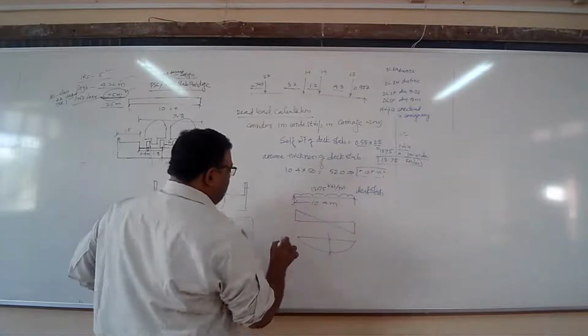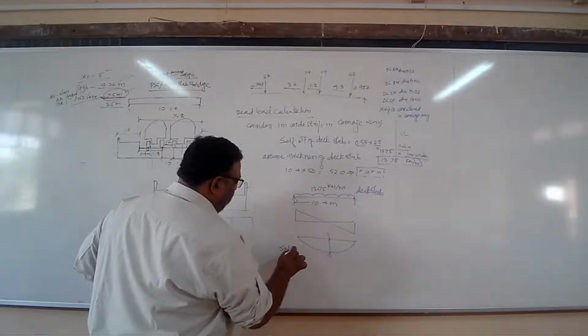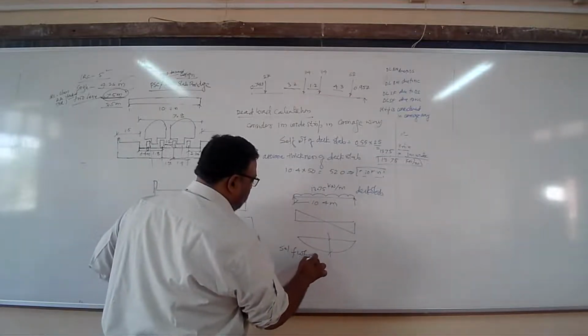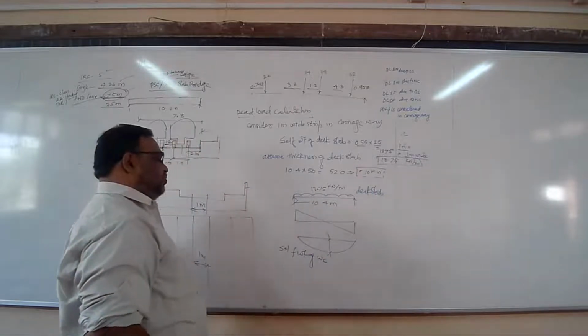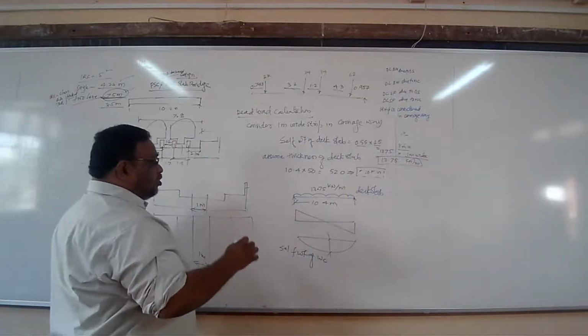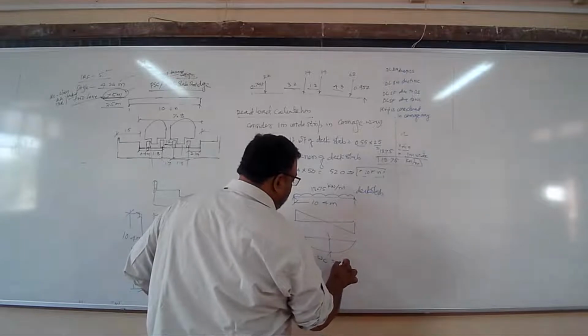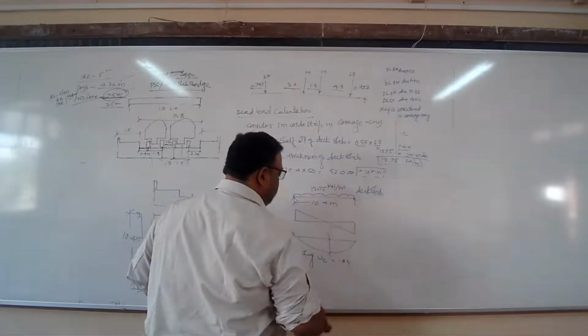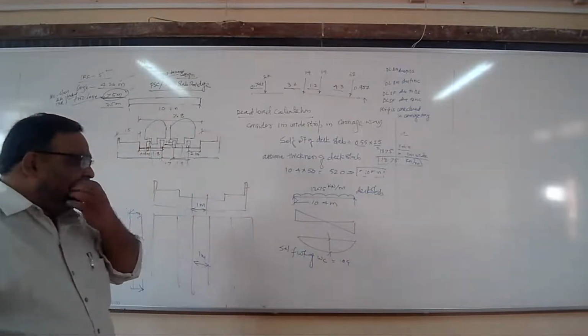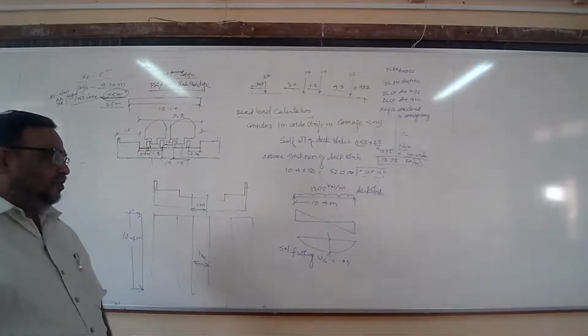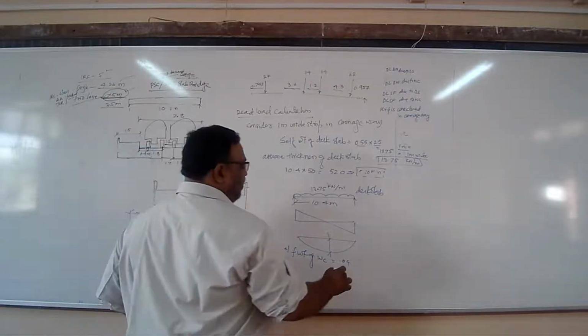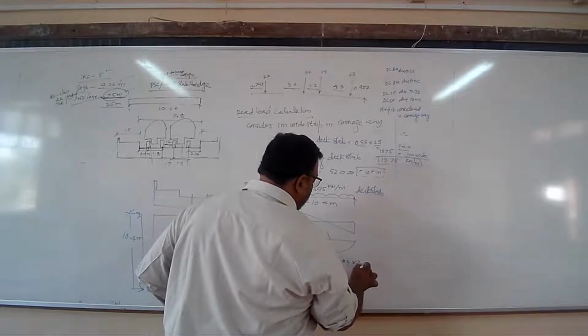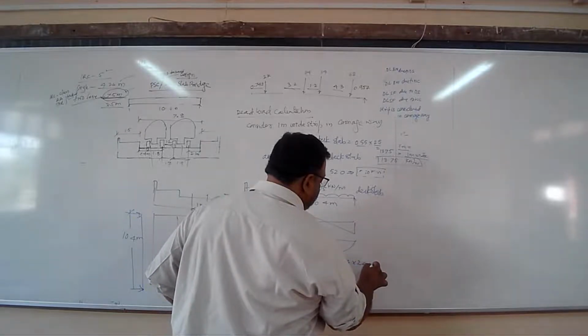What about the self weight of the bearing coat? Bearing coat कितना दिया है क्वेश्चन में 90 mm. So it is 0.09 because it is 9 centimeter, multiplied by the unit weight of bearing coat, 26 kilonewton per meter cube.